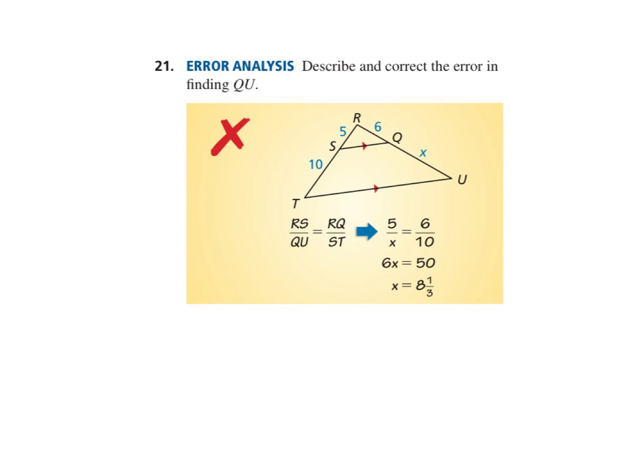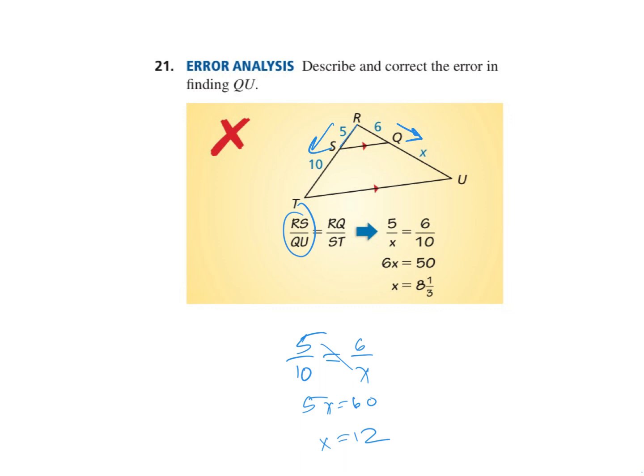All right, what did they do wrong? So first let's solve for x. Let's do the actual problem. 5 is to 10 as 6 is to x. And what do we get? 5x equals 60. Divided by 5, you get 12. Now let's look and see what they did. They said RS is to QU.